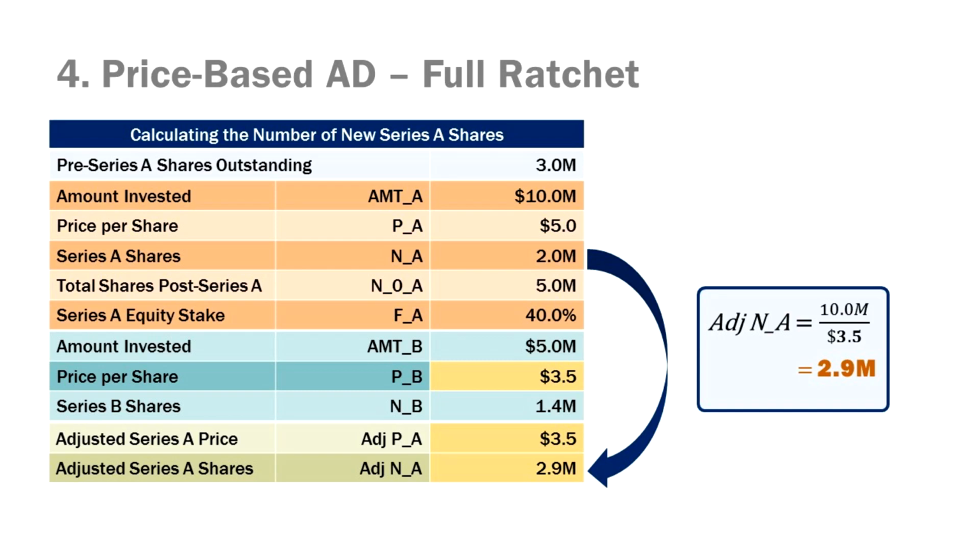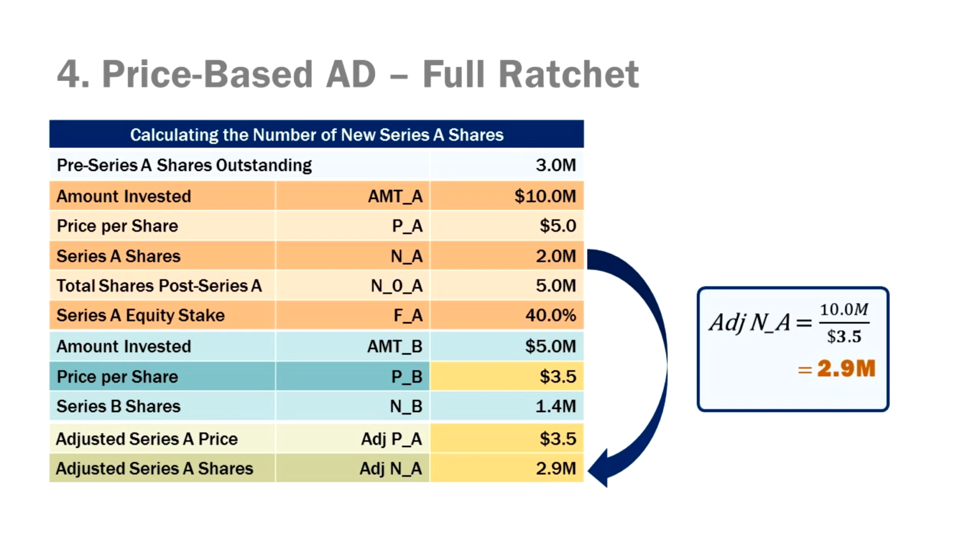That is converted into common at the Series B round price of $3.50 per share. In effect, the adjustment in the conversion price allows the Series A investors to pay the same price for their shares as the Series B investors.